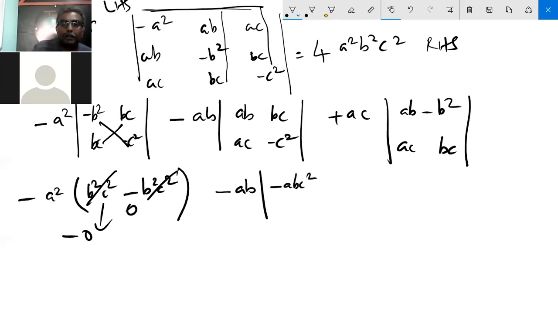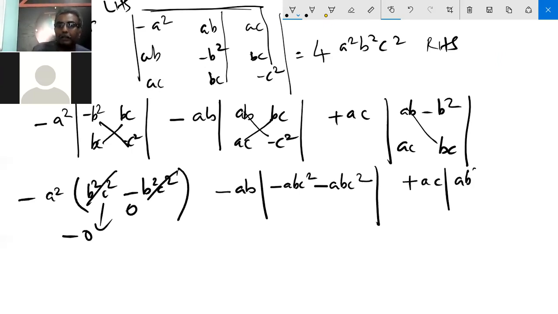Okay, minus ab into minus c squared is equal to minus abc squared. Then this is abc squared minus abc squared. Okay. This is plus ac into ab into bc is equal to ab squared c plus ab squared c. Okay. Now this became 0, we can drop that and take this.